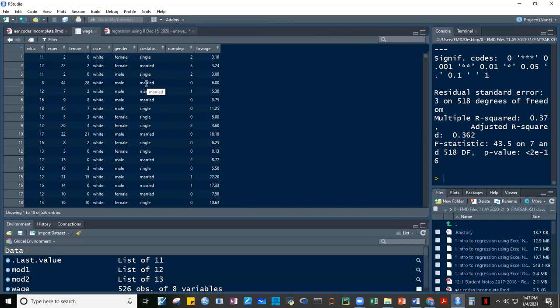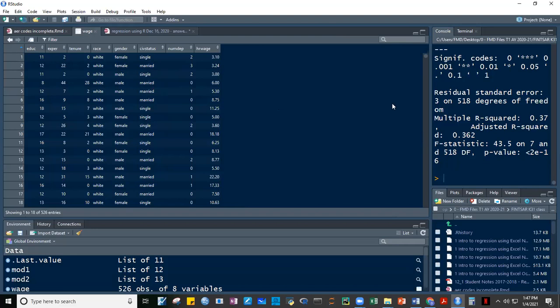Now, what if you want otherwise? Kunyari dito, ang gusto mong reference is female. Anong pwede mong gawin? What I do is, imamanipulate ko na yung data. Ang gagawin ko, kunyari lahat ng male, lalagyan ko ng small letter Z sa dulo.